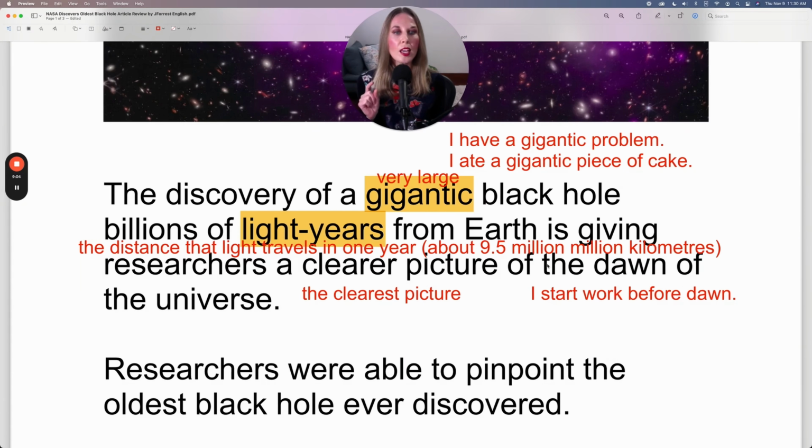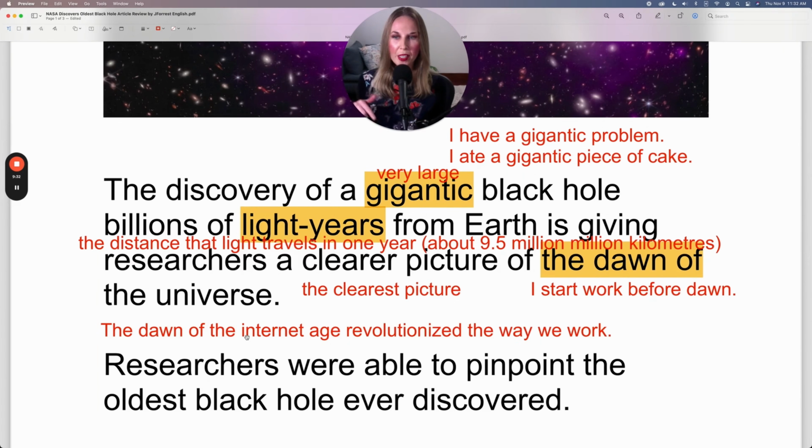But when you say the dawn of something, it means the beginning of something. And we generally use this with an extremely important event. So the universe being created, obviously an extremely important event. Right now, you could say the dawn of the internet age revolutionized the way we work.